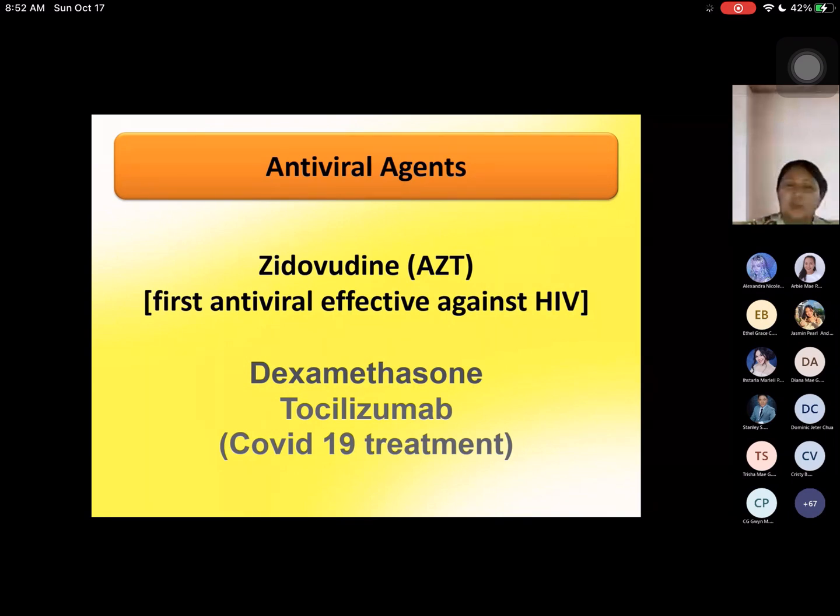And the second drug, which baka naririnig nyo ito sa Facebook, that some people need to buy, tocilizumab. Ang hirap i-pronounce. Okay, this is the second drug used to treat COVID-19 patients or COVID-19 disease. So these are the recent antiviral agents that are produced. Okay, ang mahal daw nito 80,000.